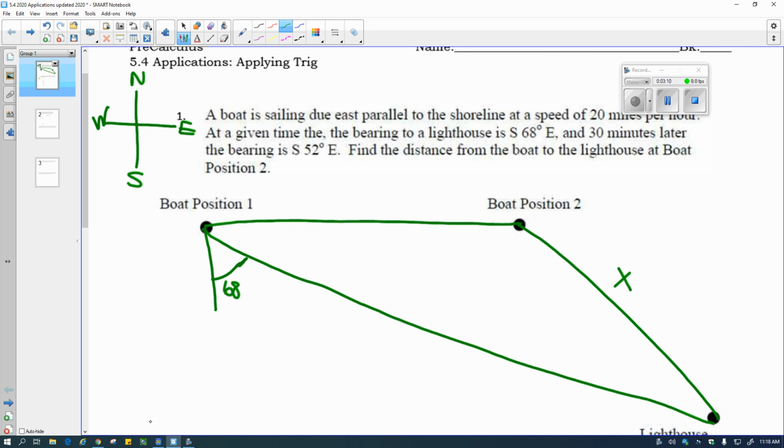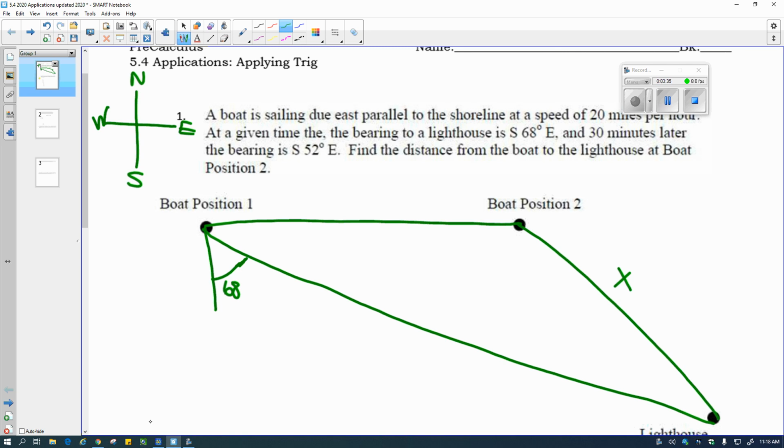And I get it that that angle is on the outside of the triangle, but we'll be able to do some figuring to use that to our advantage, okay? But if I am the boat looking south, it takes a movement of my head 68 degrees in the easterly direction in order to see the lighthouse that I'm looking at.